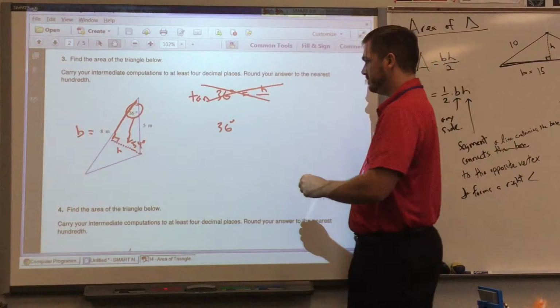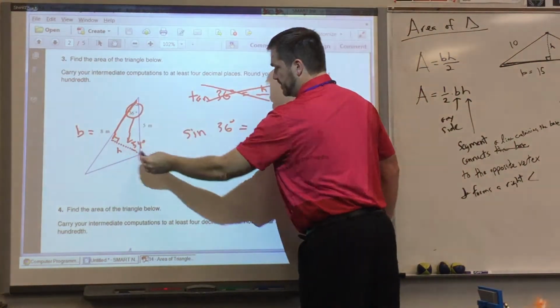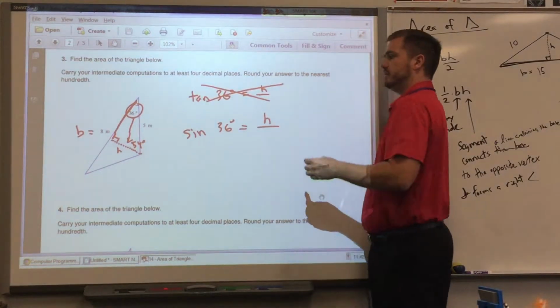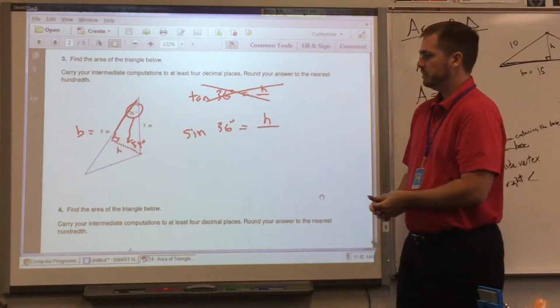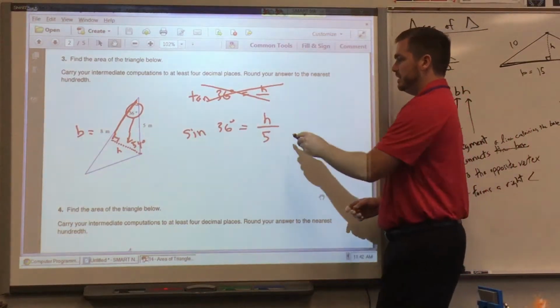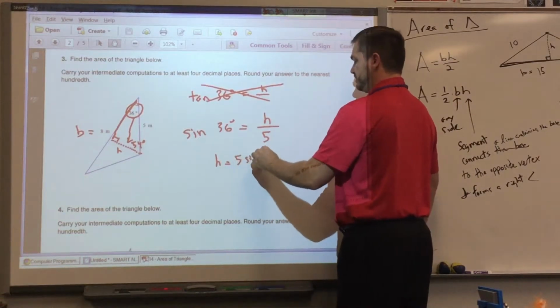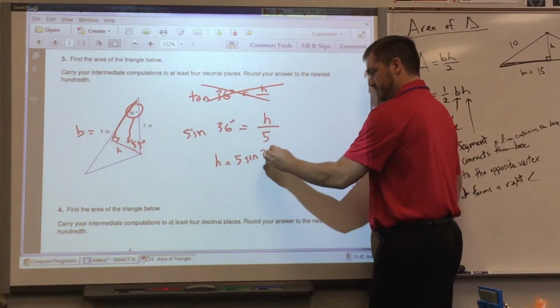Sine. I hear sine. So sine of 36 would be the opposite, so that's h over the hypotenuse, which is 5. That makes sense. Multiply both sides by 5, I get h equals 5 sine 36.